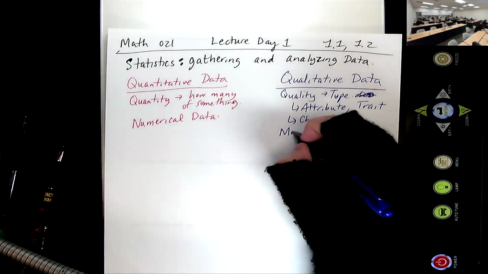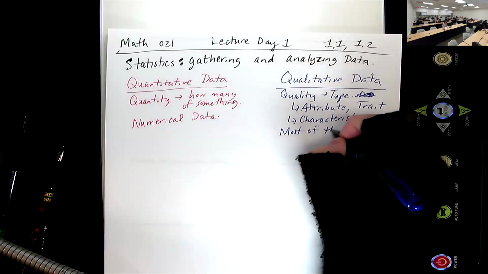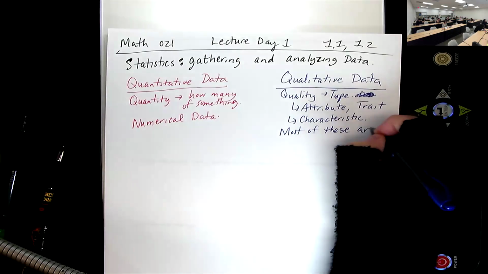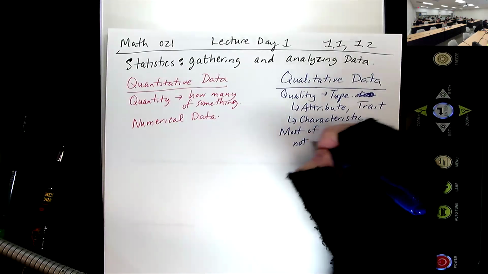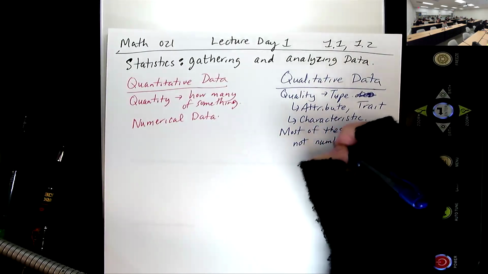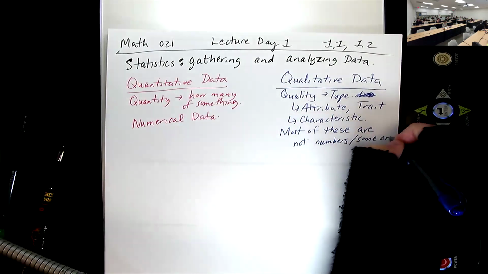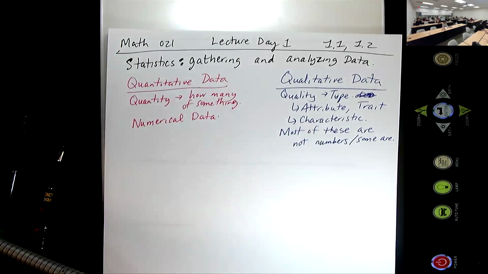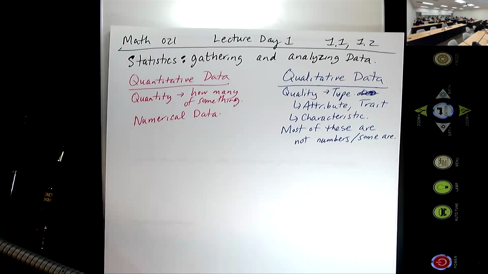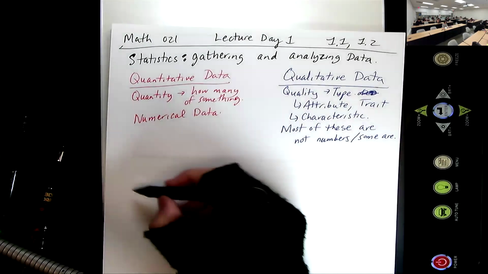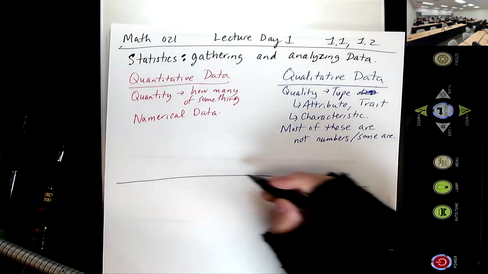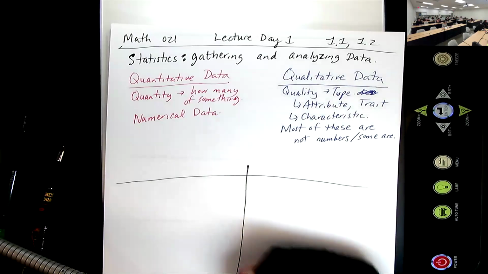Most of these are not numbers. We'll brainstorm some ideas of what could be each. Some are. So we'll discuss a way to tell the difference between the two. Let's come up with a list of things that might fall in this category.